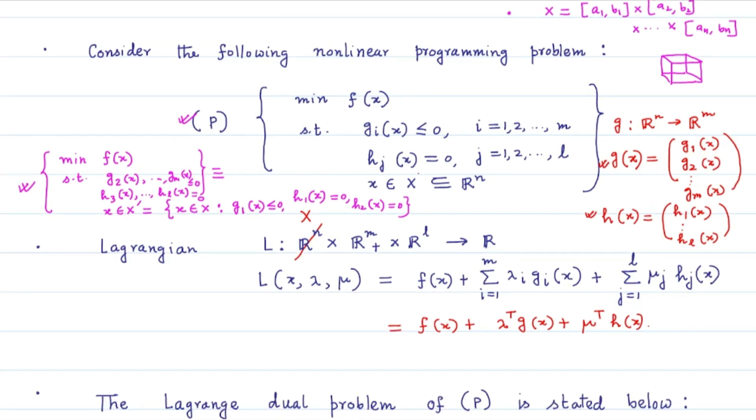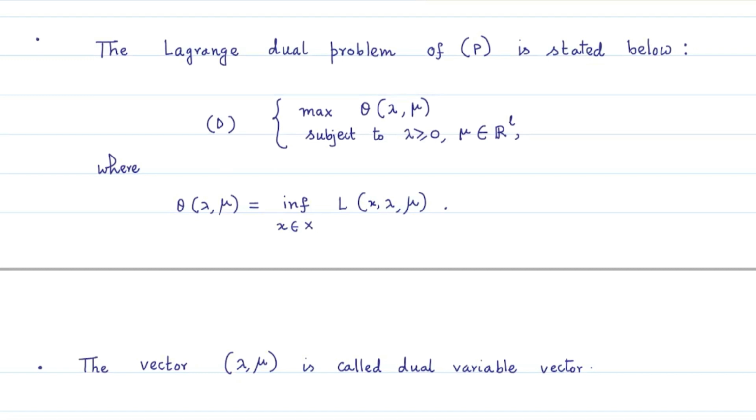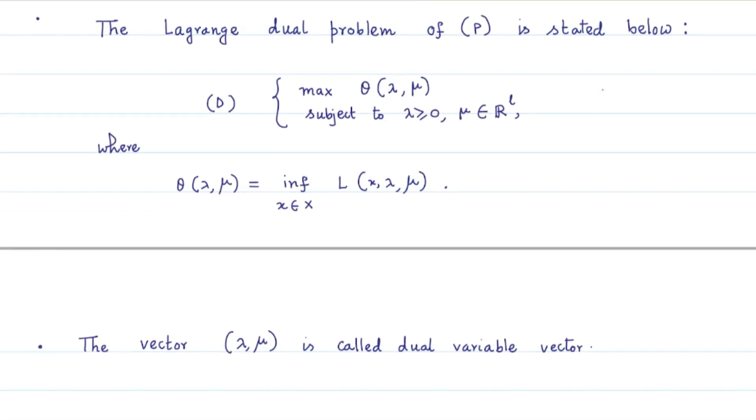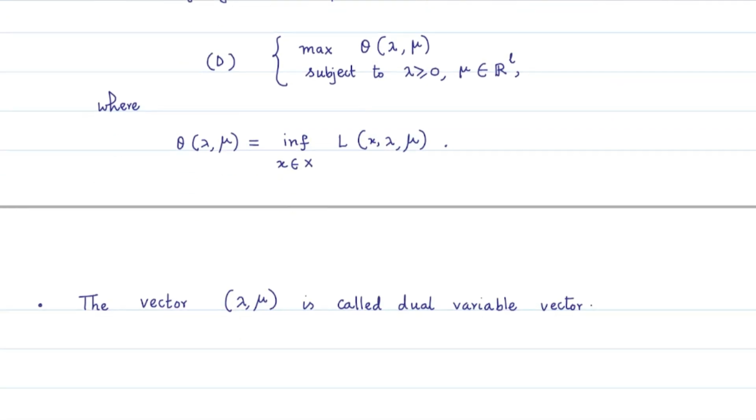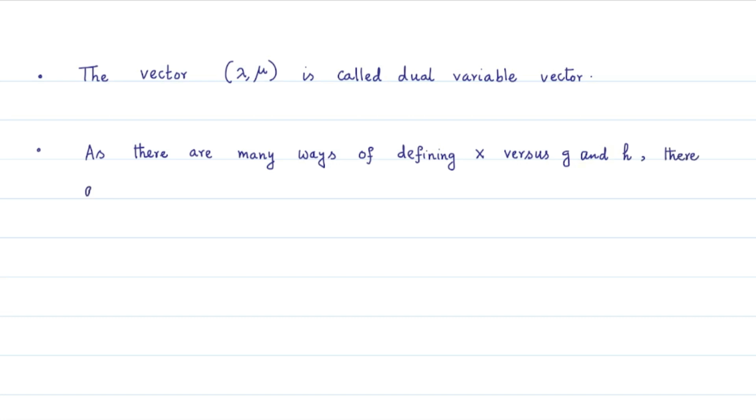But with respect to a given fixed capital X, this Lagrangian dual problem is a unique problem given by the problem formulation as over here. So I write over here neatly that as there are many ways of defining capital X versus the constraints g and h, there are many possible Lagrangian duals for the given optimization problem P.